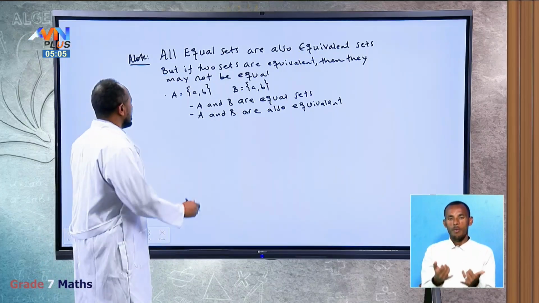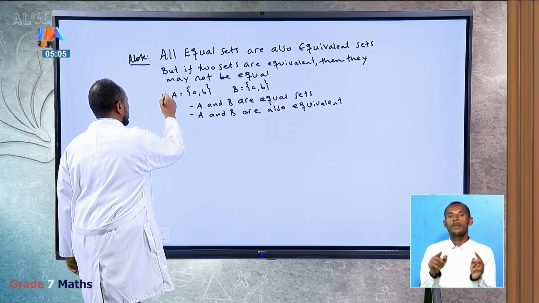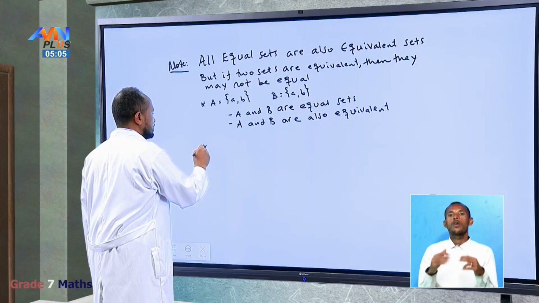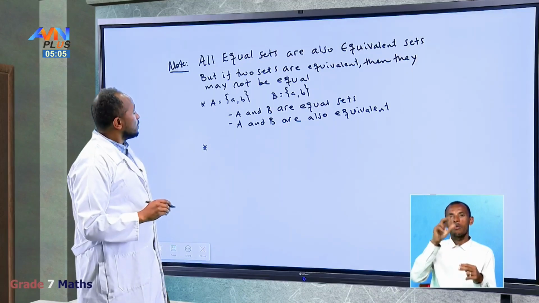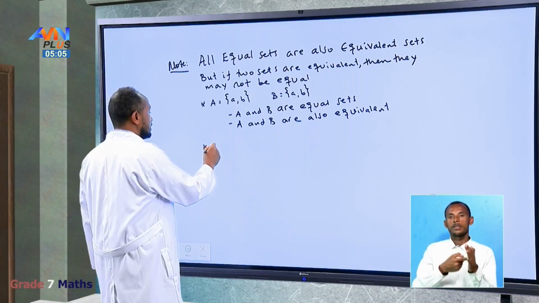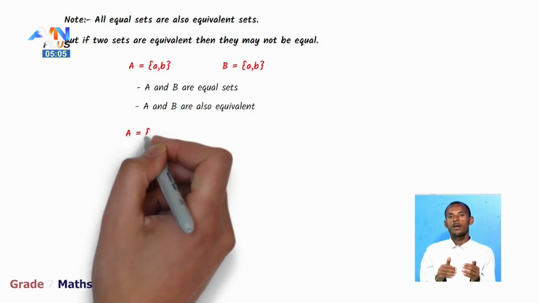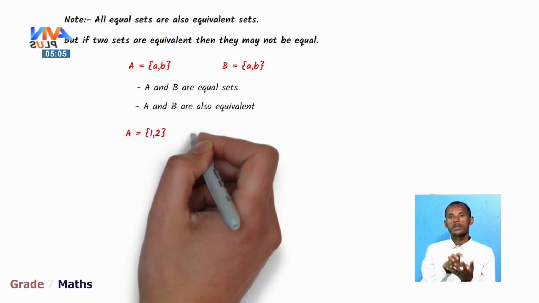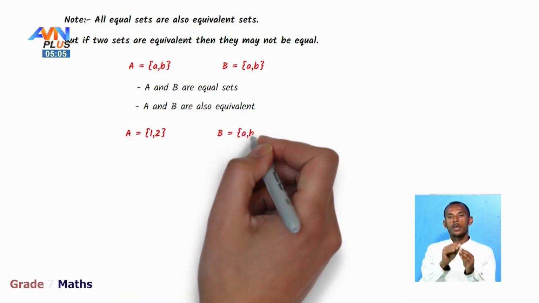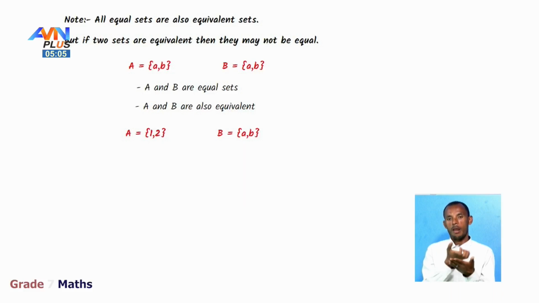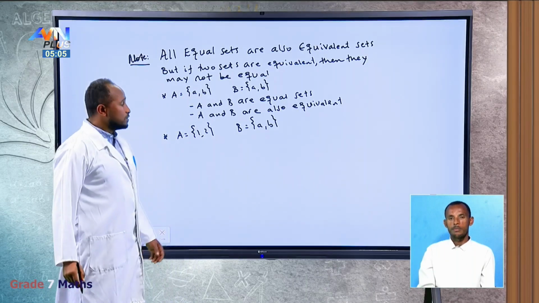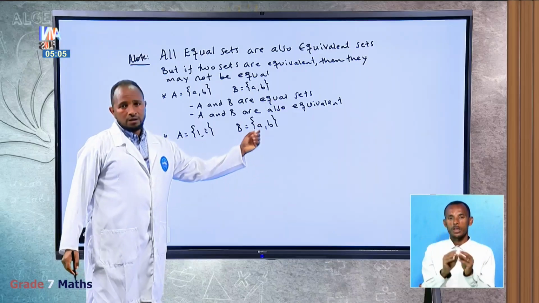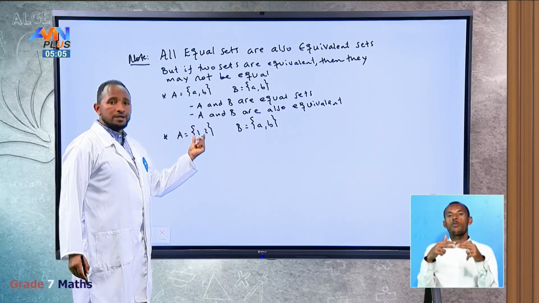Now, but equivalence does not imply equal sets. Let's see this for example. If you take set A containing the elements 1, 2, and set B containing the elements a, b, these two sets are equivalent. The number of elements in set A is 2.